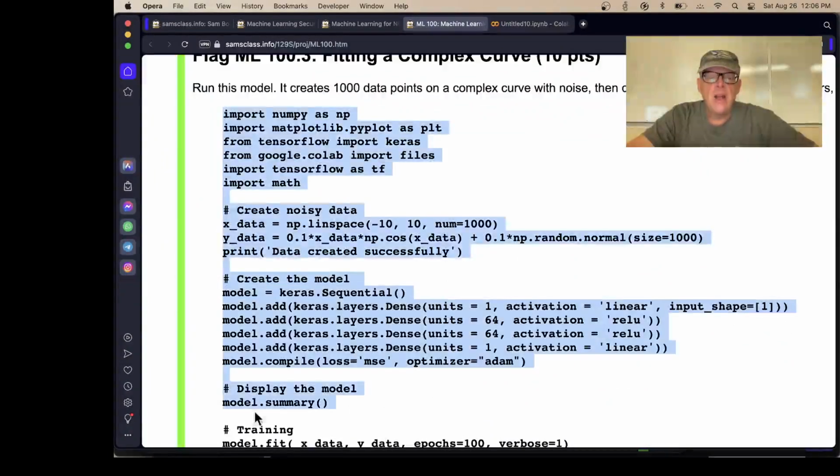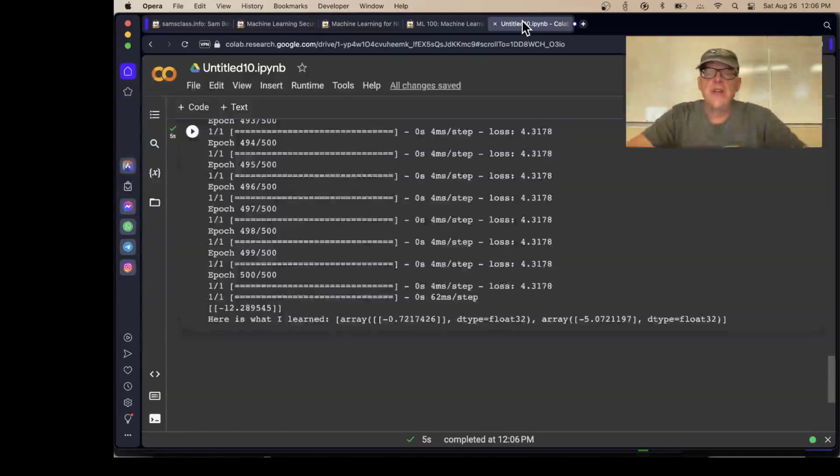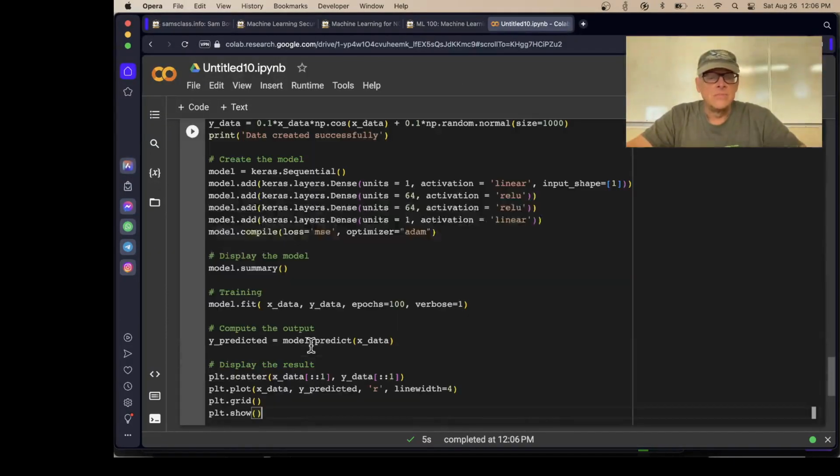So let's make a model that can actually fit a curve. And that takes a few more lines of code. That's here. Let's just have a new block of code. All right, and here we're going to use a lot more neurons. Instead of one neuron to convert X to Y, we're going to have one neuron to take X, then a layer of 64 hidden neurons, and another layer of 64 hidden neurons, and then one layer of output.